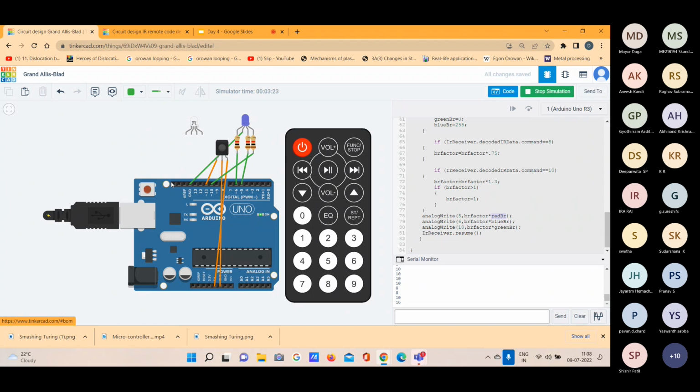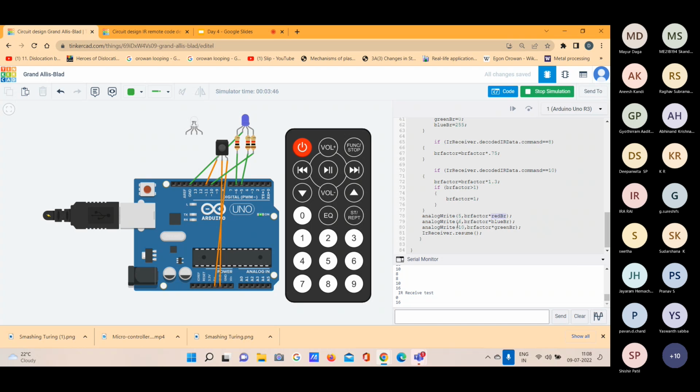I'll restart this, reset this. If I press 1, then the brightness values are respectively, for blue it is 255, 0 and 0. Now these 0s will not be affected, like red and green, they are already 0.